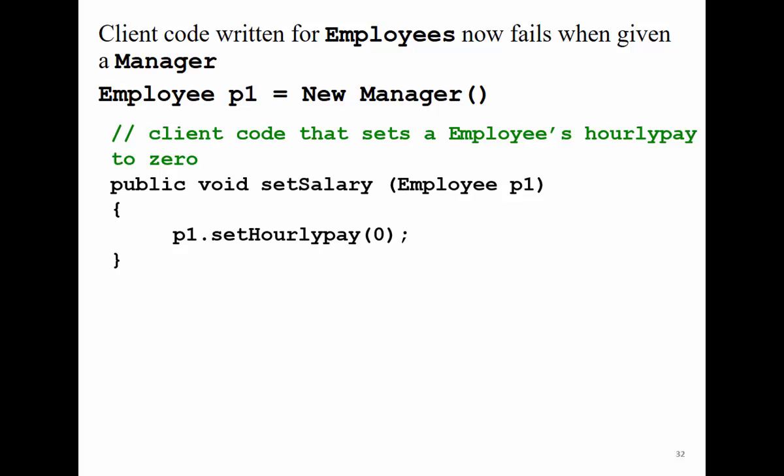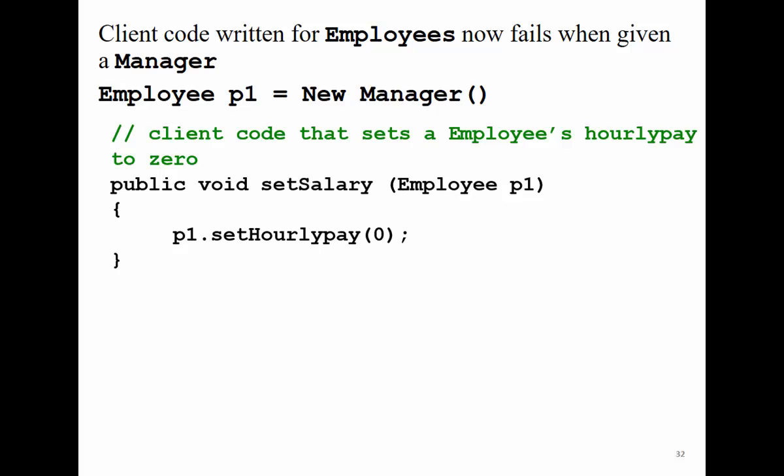The client calls this method and tries to set P1.setHourlyPay to 0. Now if we are handling the employee, there is no condition. You can put 0, you can put -1, -10, whatever you like. But if you are handling the actual type of the manager, okay, you cannot set any value. You have to give me a value between 10 and 20.